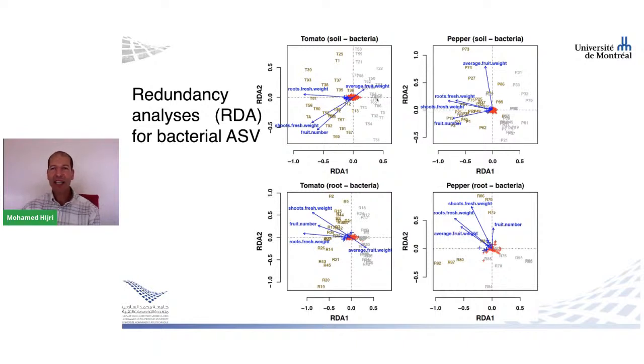And what it tells us, if we are interested, for example, in crop yield or crop fruit size or biomass or whatever, is which taxa are associated with that parameter.